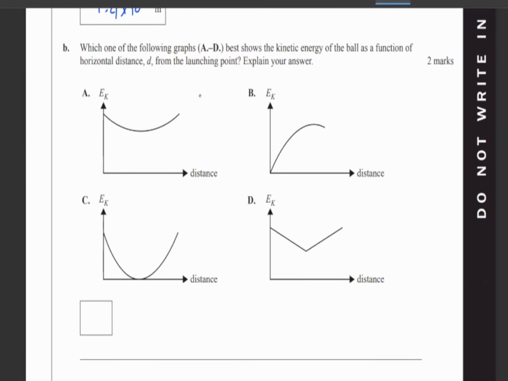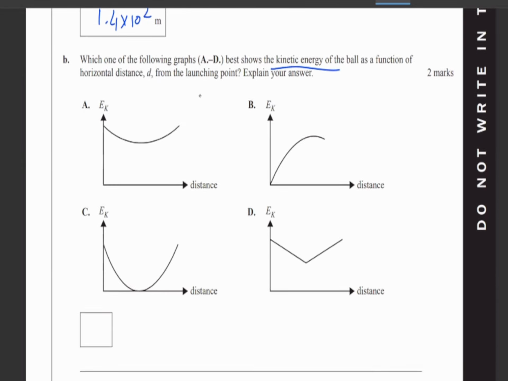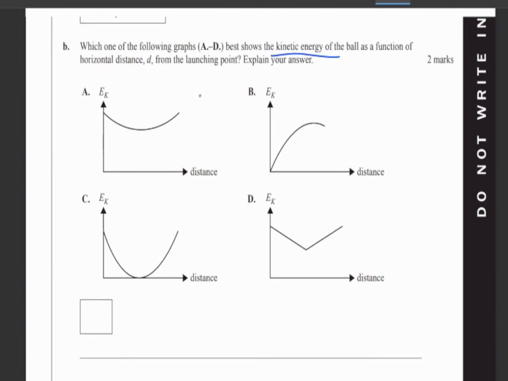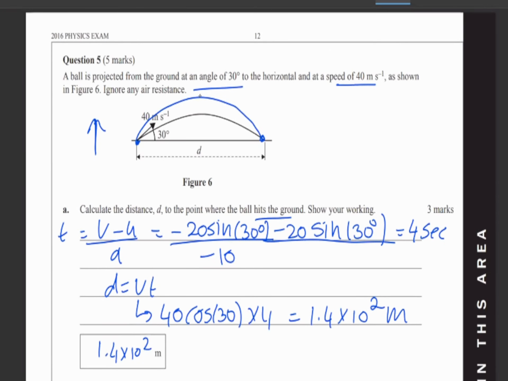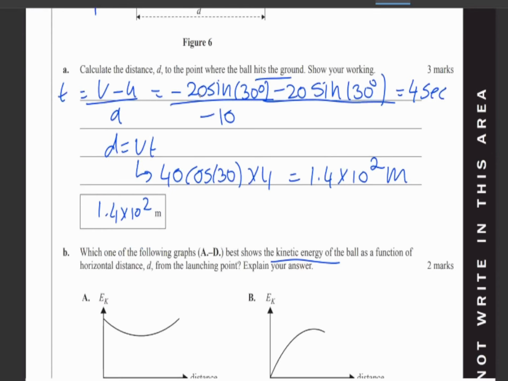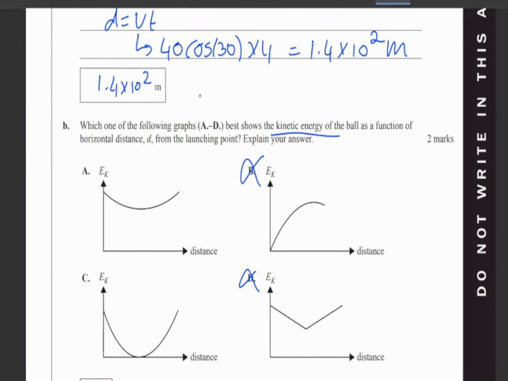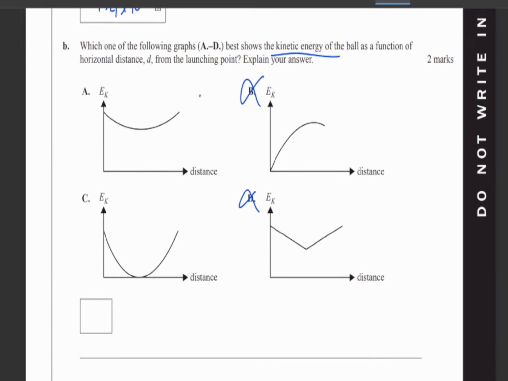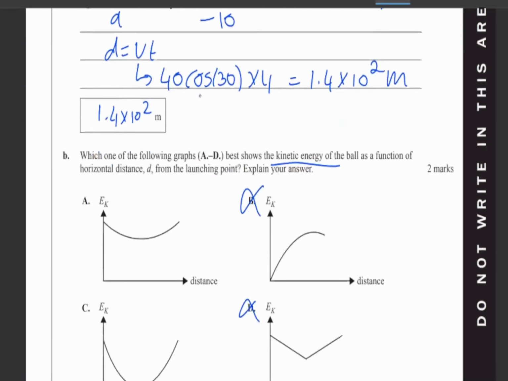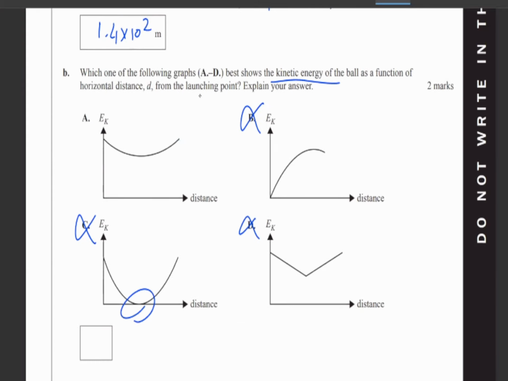Which of the following graphs best describes the kinetic energy of the function? So it's stationary here and it's increasing in velocity. So it has to be like a parabola, a parabola upwards. So that's out. That's out. And there's a non-zero flight, so it can't equal this point here.